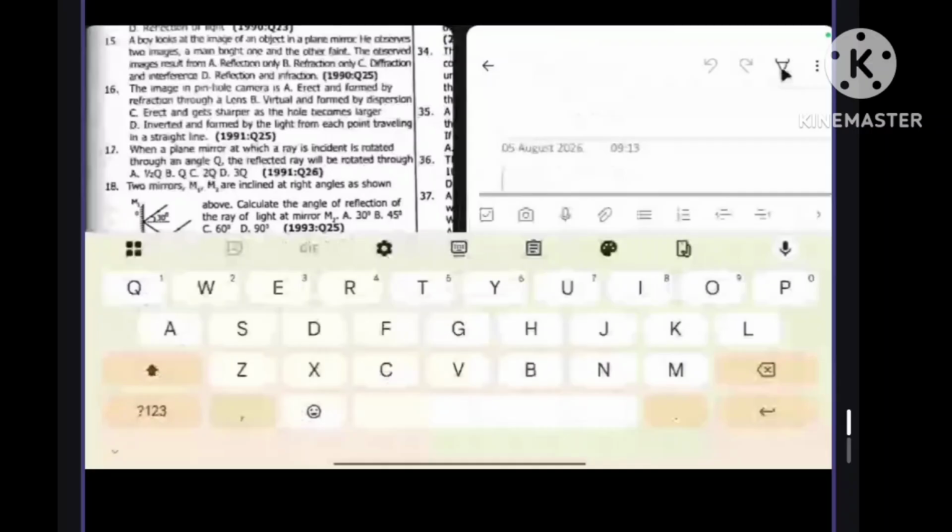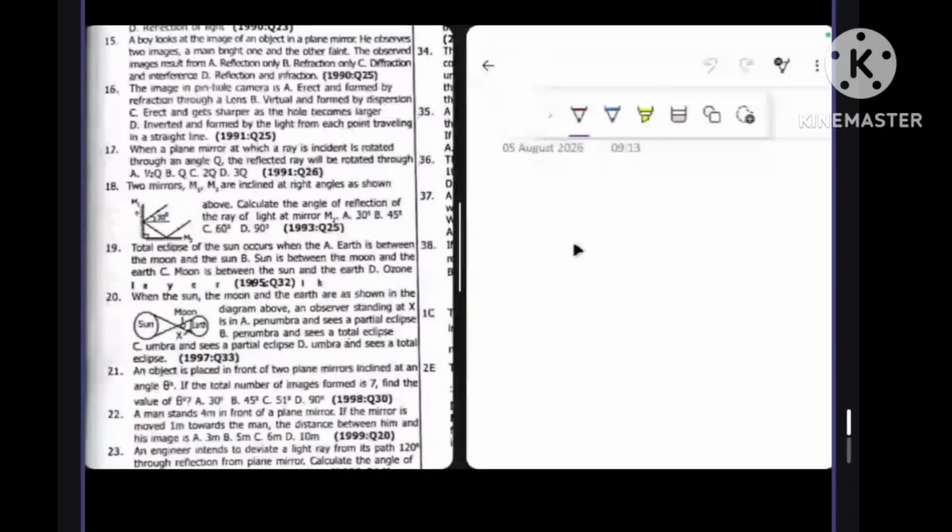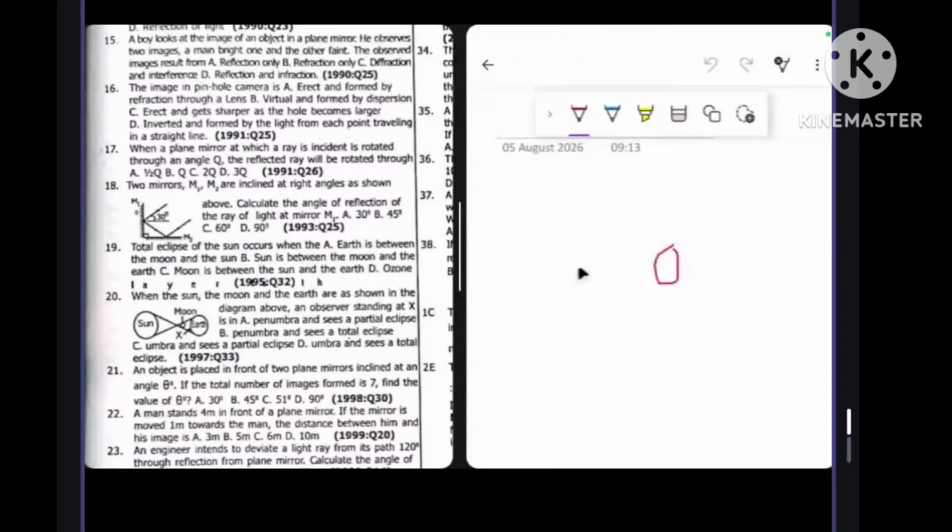Anybody else? Without wasting our time, the answer is actually C. Because if you look at option A, it says the Earth, let's say this is the Earth, is between the moon and the sun. This is the moon and the sun.